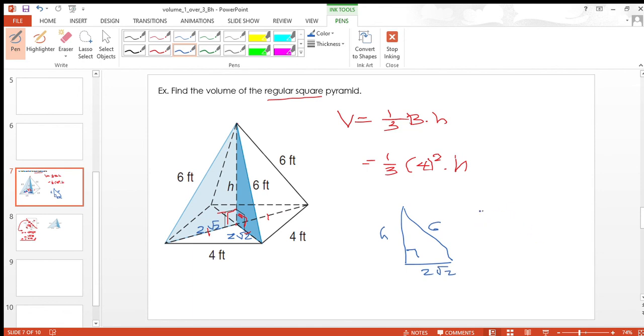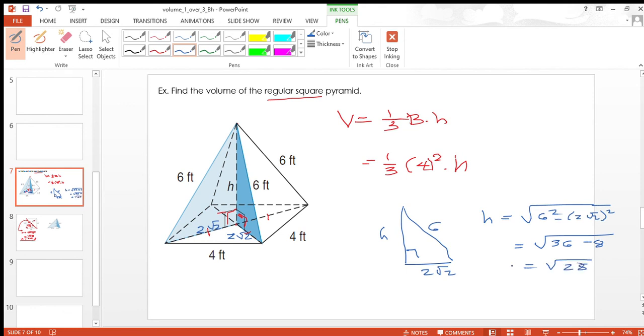Therefore, by the Pythagorean theorem, your h will be the square root of 6 squared minus 2 square root of 2 squared. That will be the square root of 36 minus, 2 squared is 4, square root of 2 squared is 2, 4 times 2 is 8. 36 minus 8 is 28.